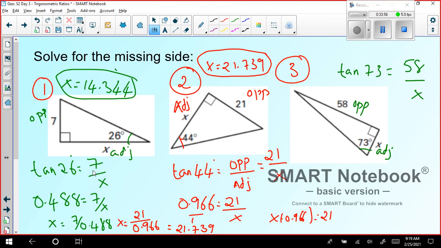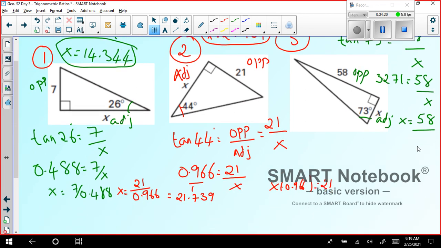So I get this as 3.271, that's 58 over x. Cross multiply further, I get x equals 58 over 3.271.